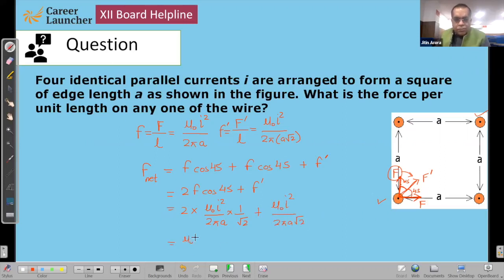So mu naught I square upon 2 pi a root 2 तक तो कोई प्रॉब्लम ही नहीं है. यहाँ पर क्या आ गया? 2 plus 1, that is 3. So 3 mu naught I square upon 2 pi a root 2 is the answer.